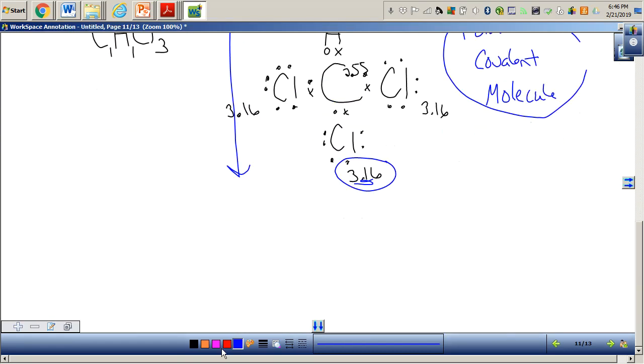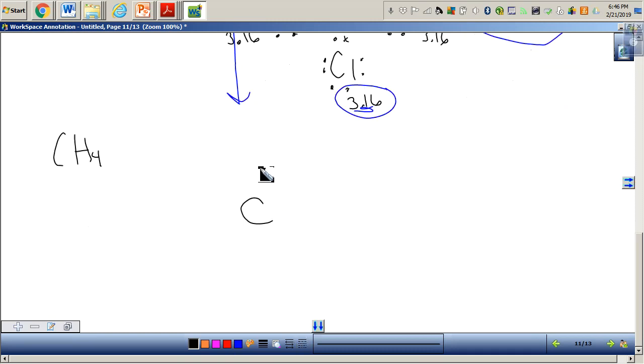Our next one is methane, CH4. Each hydrogen has 1. The carbon has 4. We have no lone pairs. Carbon never has lone pairs, that might help you out a little bit.